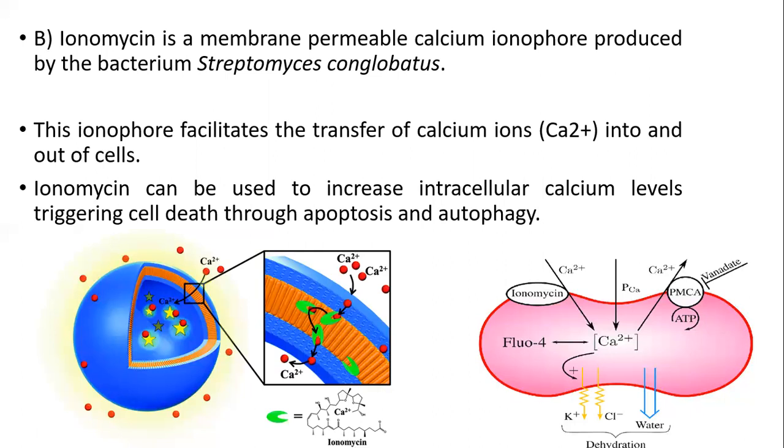If not remembering, a hint is also given there. What was PMCA? There was a SERCA and there was a PMCA. No one? Plasma membrane calcium ATPase, and what was SERCA? Sarcoplasmic reticulum calcium ATPase. Remember something? In muscles, calcium channels. Okay, so those are your calcium ATPases.